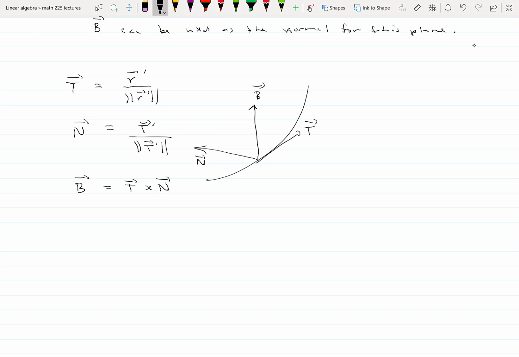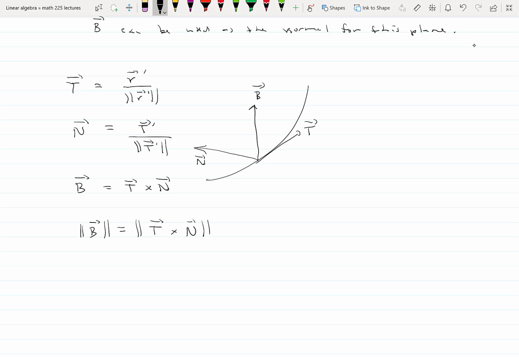Now, in two of those three formulas, N and B, I gave you no proof that the normal and the binormal vectors were unit vectors. I haven't proven that at all. Let's see, I guess I can do one of them. I'll prove that the binormal vector has length 1. That's pretty easy.